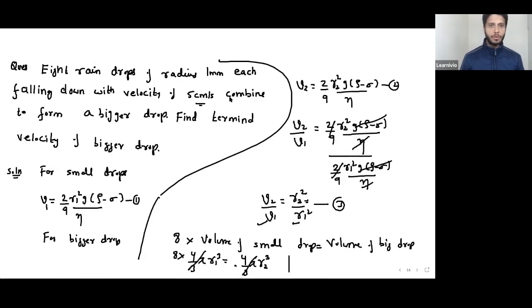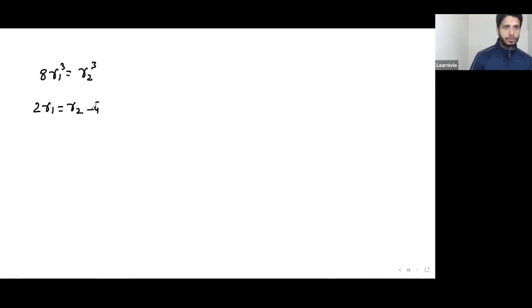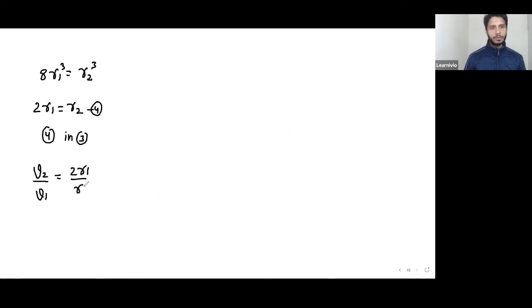I call this equation number 4. Let's substitute 4 in 3. What you will get, V2 by V1 is R2, which is 2R1, by R1, and it cancels out.